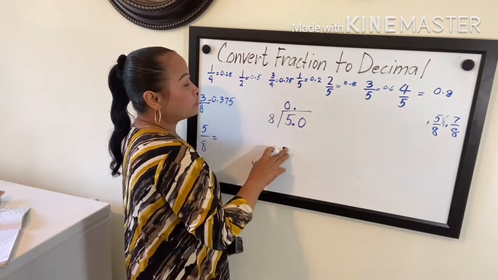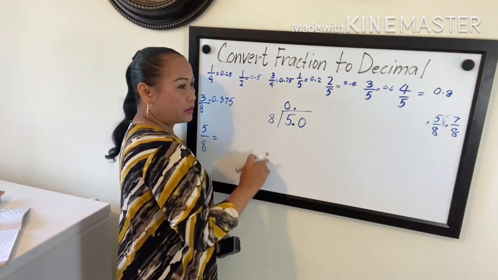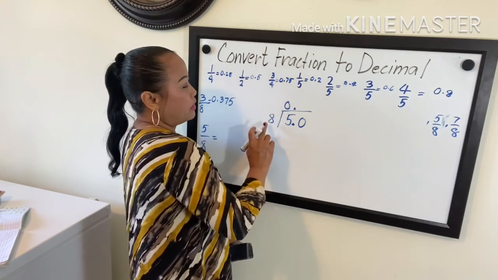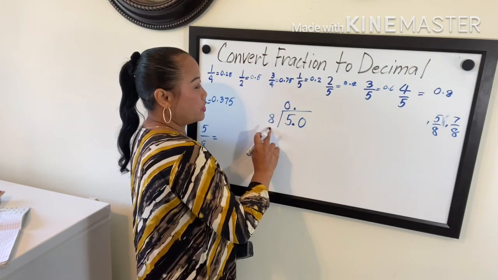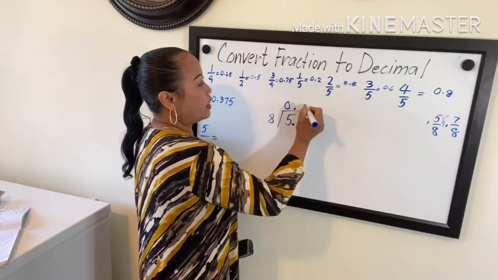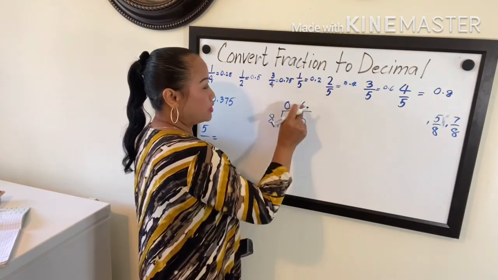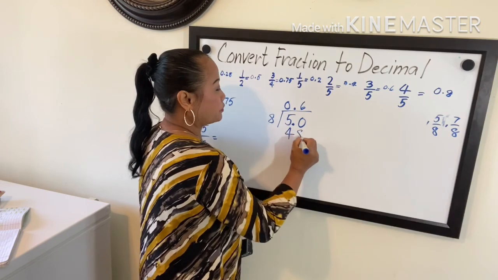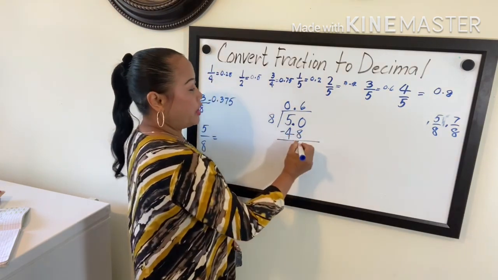Now, 50 divided by 8, or how many 8s in 50? 8 times 5 is 40, 8 times 6 is 48. So it's 6. 6 times 8 is 48. We'll subtract now. 50 minus 48 is 2.